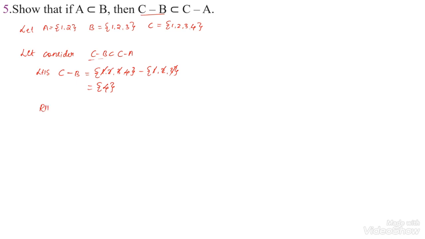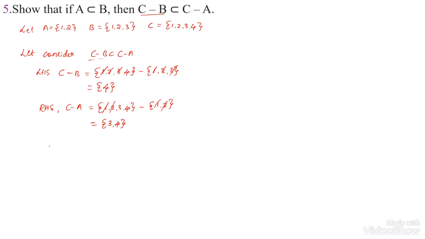Okay. After that, I will consider the RHS part, C minus A. Set C containing the elements 1, 2, 3, 4 minus 1, 2, because A set contains only 2 elements. First we have to neglect the common elements 1, 2. Then what are the elements? 3, 4. Okay.